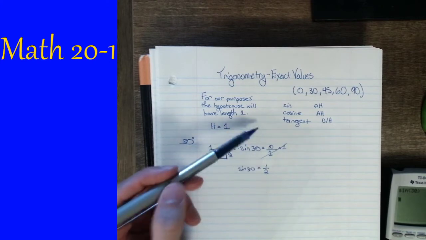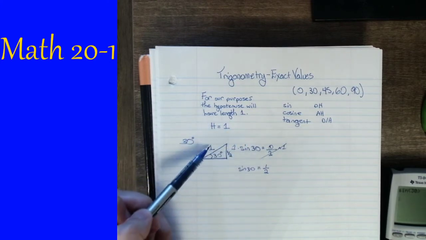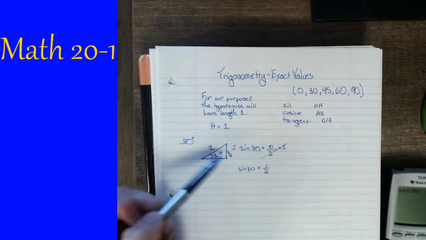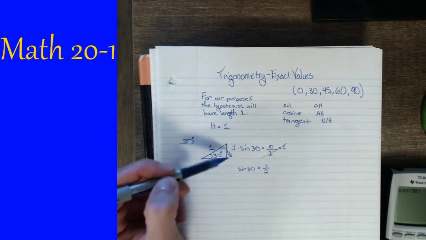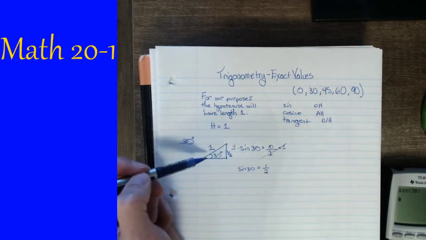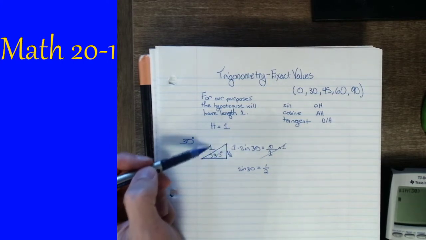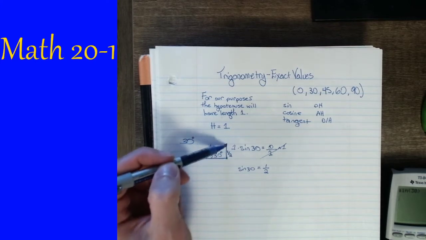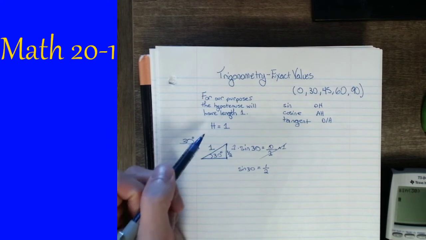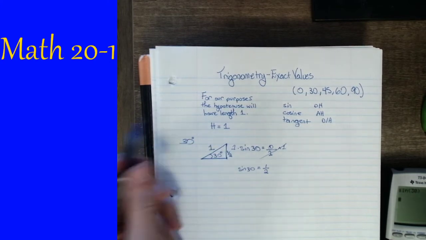Now this ratio holds no matter what the side lengths are. This is a bit of a review of the concept of sine being the opposite over the hypotenuse. The opposite is always half of what the hypotenuse length is. So if the hypotenuse length is 1, the opposite side length, or the rise in the triangle, is half of 1, which is a half.